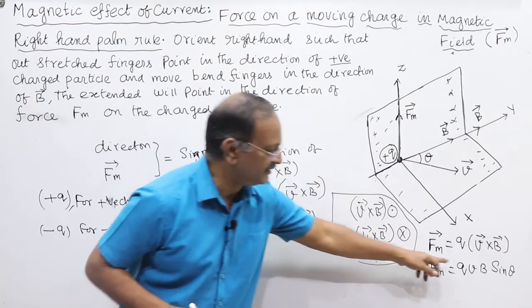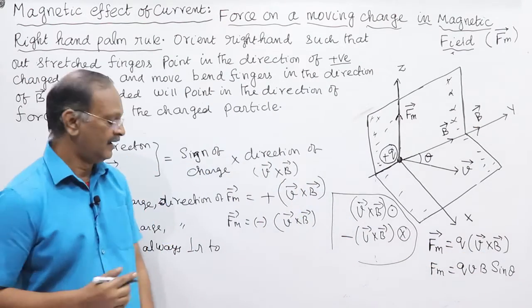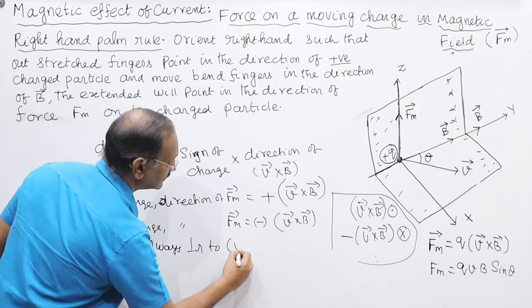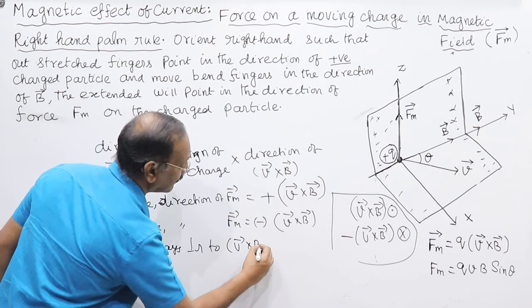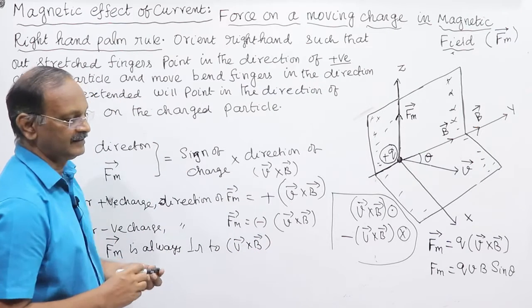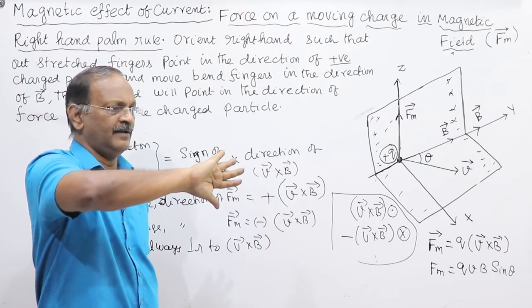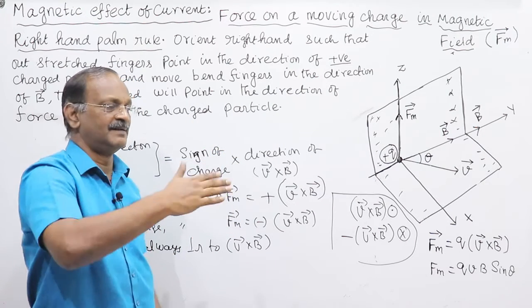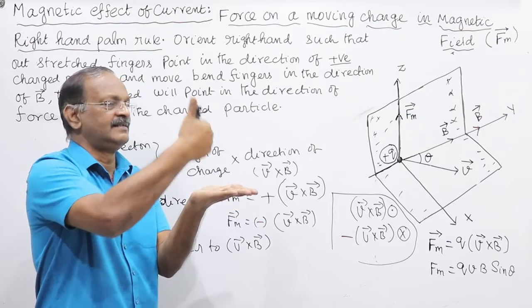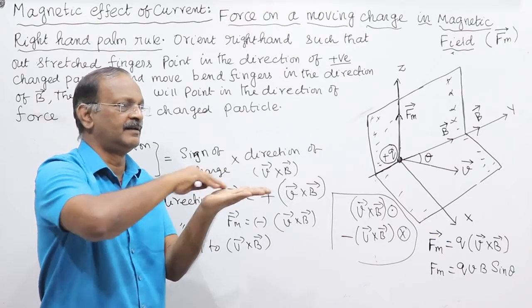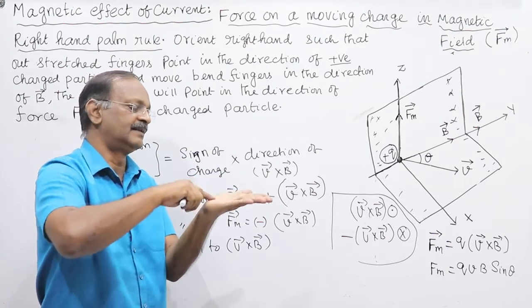Here FM means this vector is involved, always perpendicular to V cross B. V cross B means V to B this way, but it is always perpendicular to the plane, either this way or this way, the plane containing V vector and B vector.